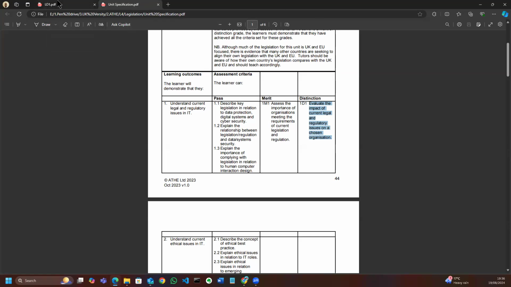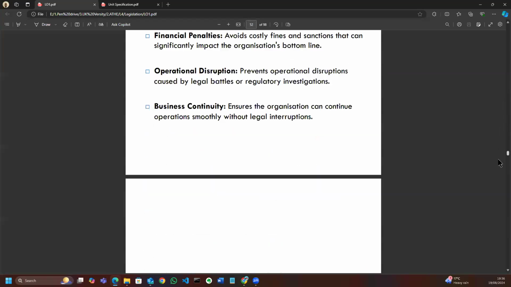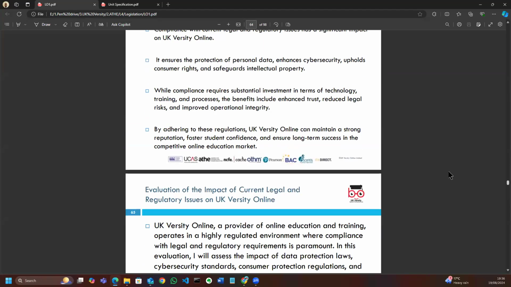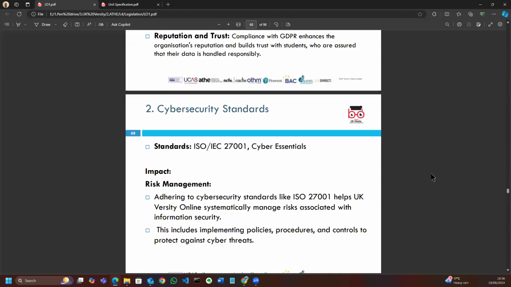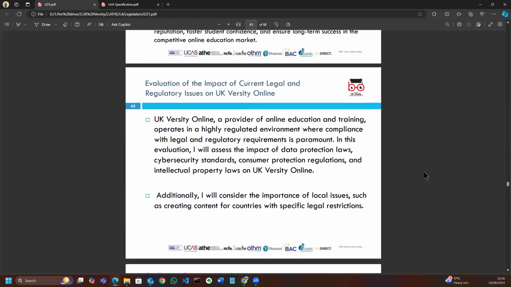And then the presentation there has examples. Once we've completed that distinction one, we're looking into an evaluation of the impact of current legal and regulatory issues on UK Versity Online.